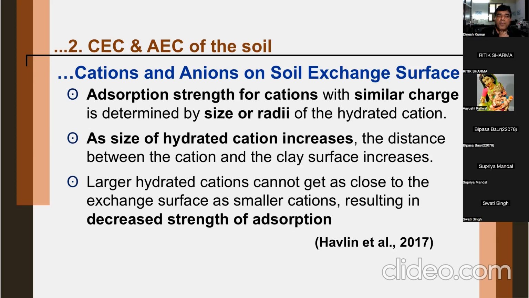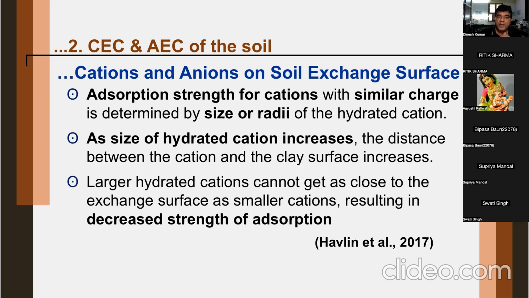Now within calcium and magnesium, or within potassium or sodium, how will we decide the adsorption strength? Adsorption strength for cations with similar charge is determined by size or radii of the hydrated cation. They can absorb water, they can get hydrated. So what will be the size of the radius?